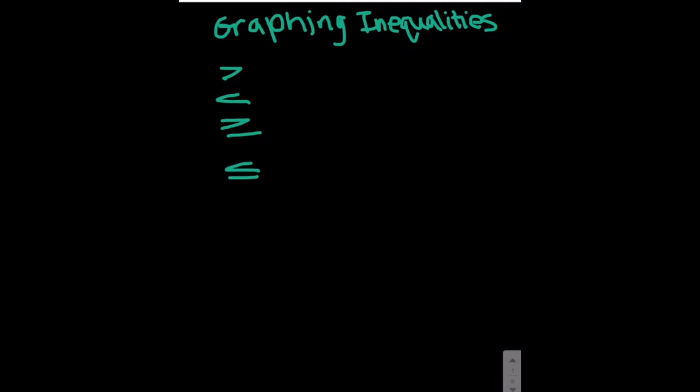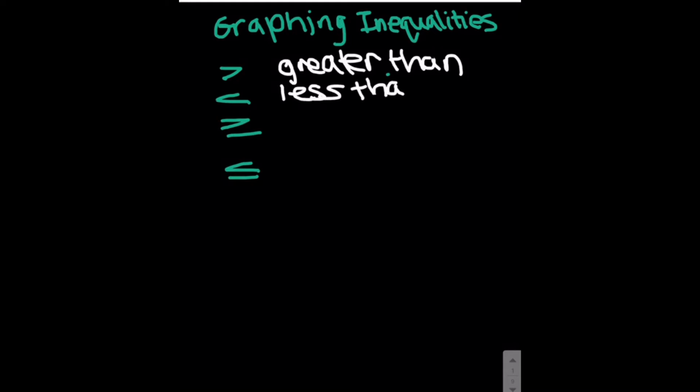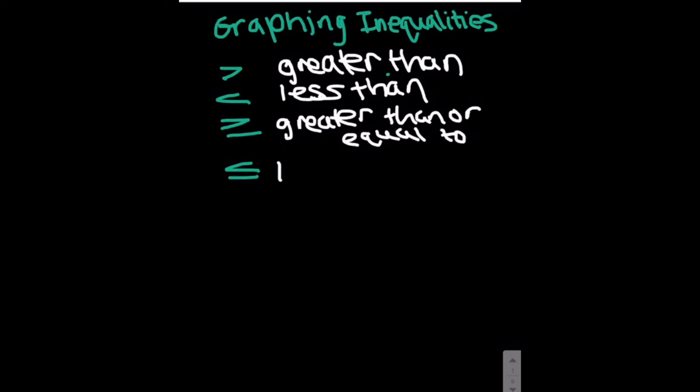Okay, so the first one, this one is greater than, and right below it is less than, greater than or equal to, and below it is less than or equal to.